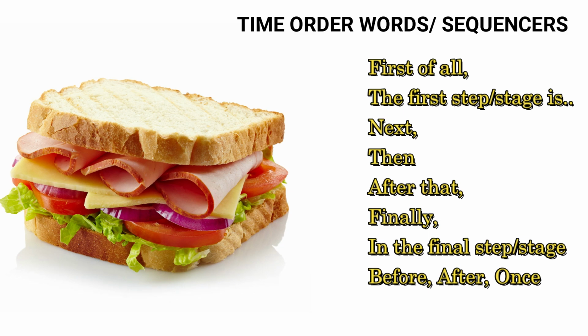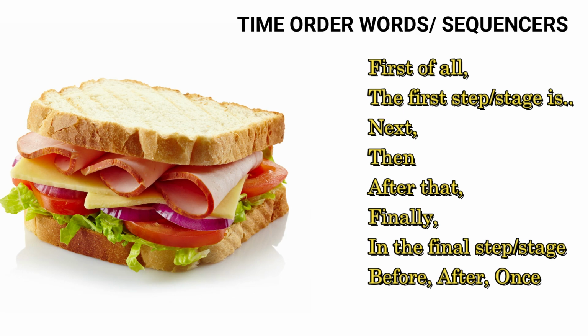For the first step, first of all, we need to get all the ingredients to make a sandwich. Then the first step is we need to put some lettuce on top of the bread. Next, we're going to put a tomato on top of the lettuce. Then we're going to put onions on top of the tomatoes.